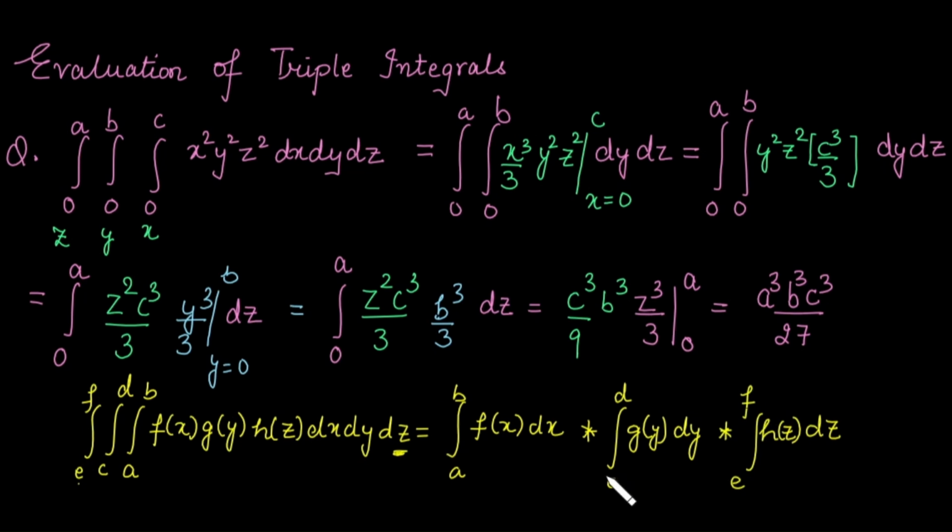So directly in one step you can have an answer. Only in the case we can split this function in this form: one function of x, second of y, then of z, and the limits are constant.